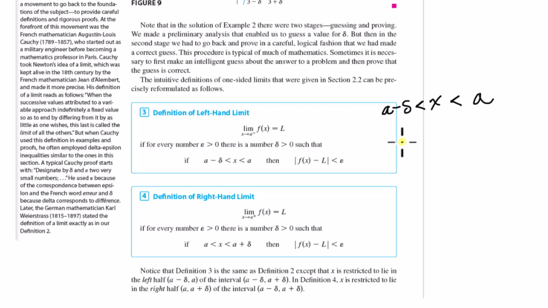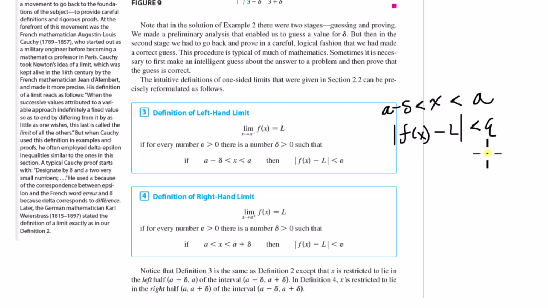For the general limit, it was just the absolute value of f of x minus L needs to be less than epsilon. Nothing's going to change in this regard, right? But why not? Shouldn't it be the case that since we're only approaching x from one side, we're only going to be approaching the limit value L from one side as well?